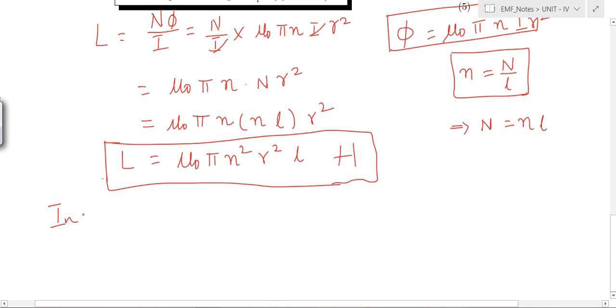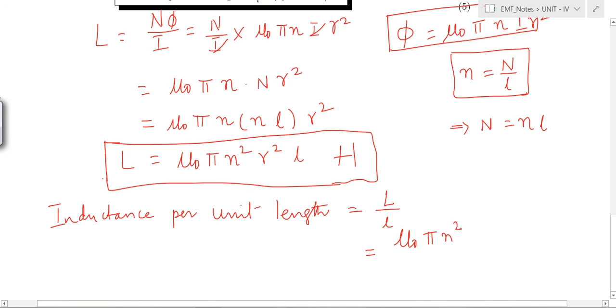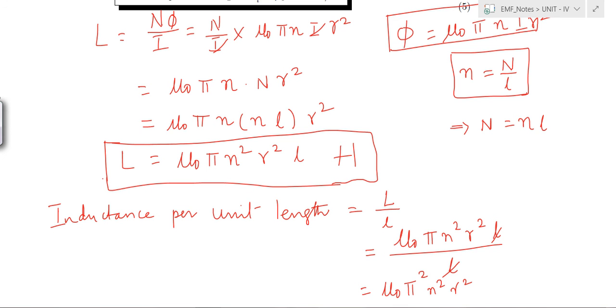Inductance per unit length is equal to the total inductance divided by the length of the solenoid coil, which in turn is equal to mu naught pi n square r square L divided by L. This L gets cancelled, which is equal to mu naught pi n square r square, the inductance of the solenoid coil per unit length.